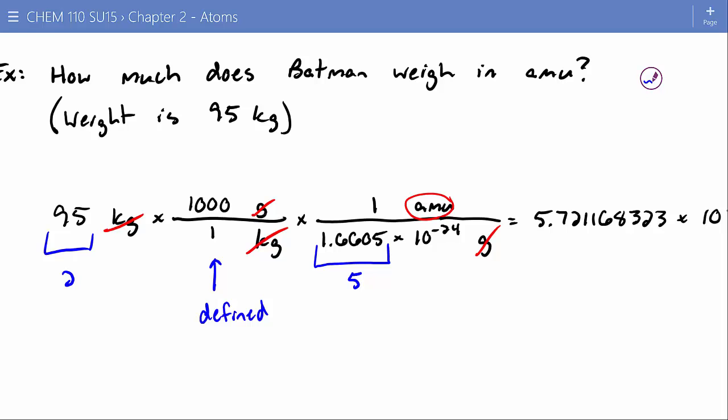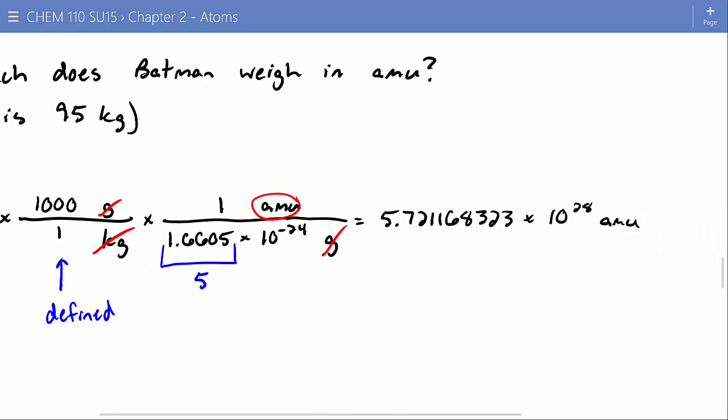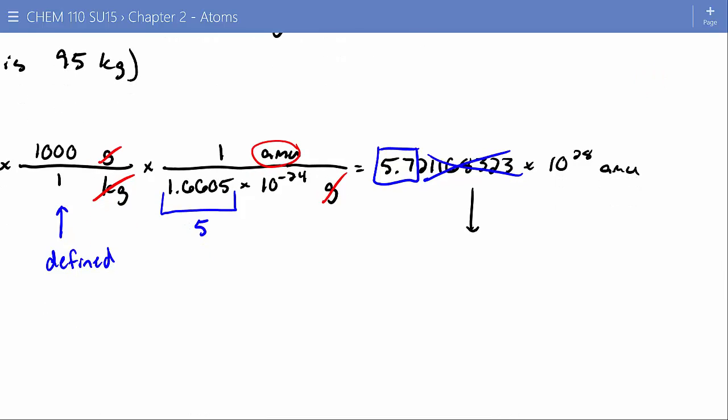Just 2, right? Because that's got the least number there. So what we'll do is just chop off the rest of that number. We don't have to worry about rounding because it's lower than 5. So our final answer would be 5.7 times 10 to the 28th AMU.